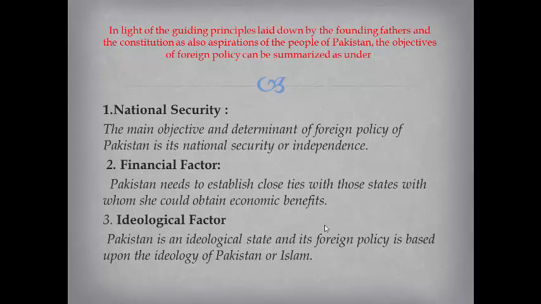By their antagonistic and aggressive policies, they tried to hasten Pakistan's collapse. Pakistan then strengthened its relations with countries which could help it in economic matters.